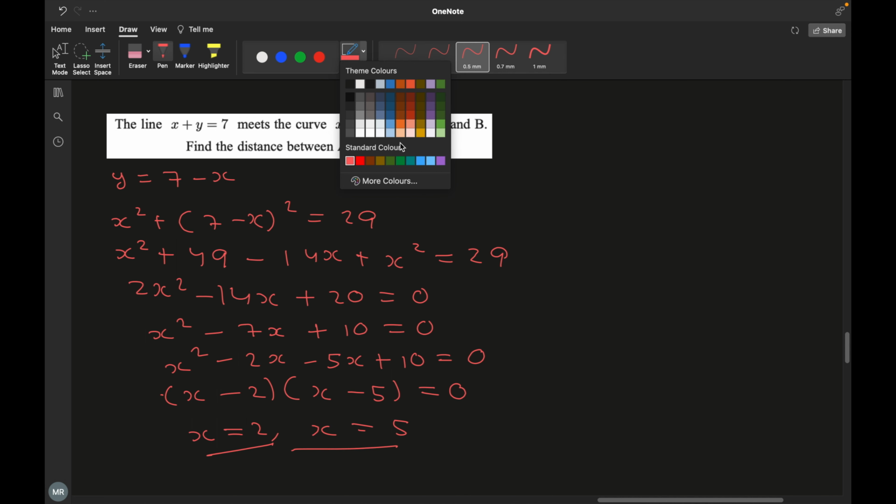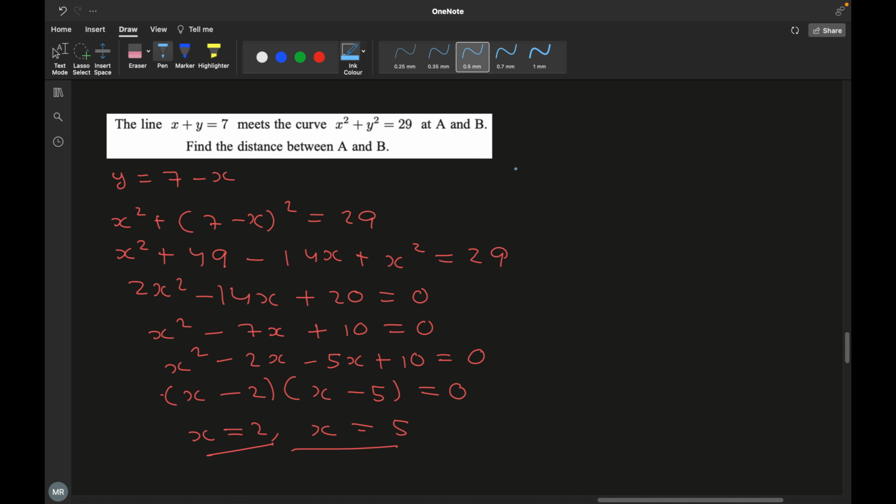And now let's find the value of y. So y equals 7 minus x. So this would be 7 minus 2, which is 5. So let's say A is 2 comma 5 and B would be 5 comma 2.